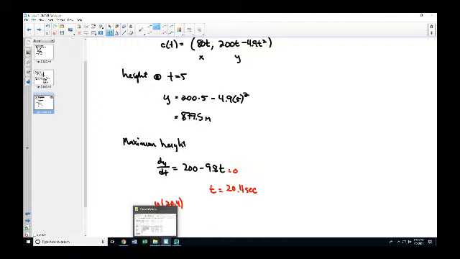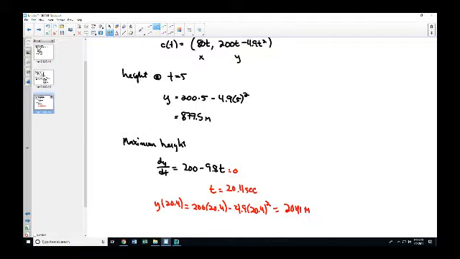We need to plug that back into y to actually get the value for maximum height, because that's what we're asked for. I think it's about 2,041 meters.